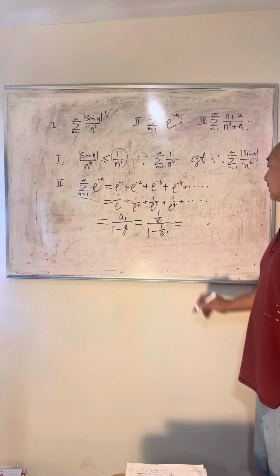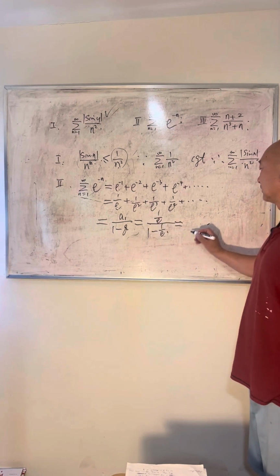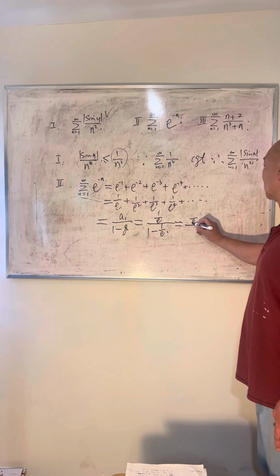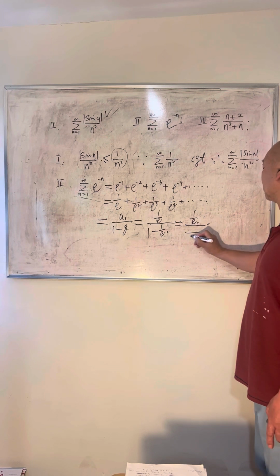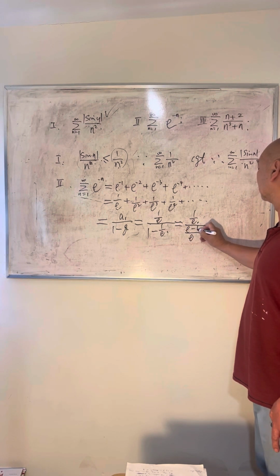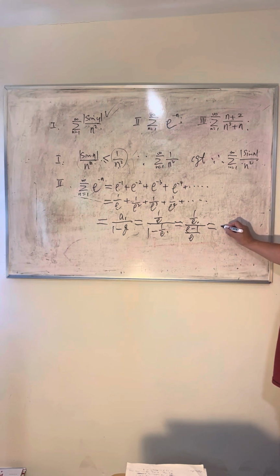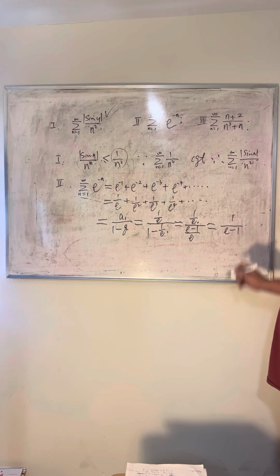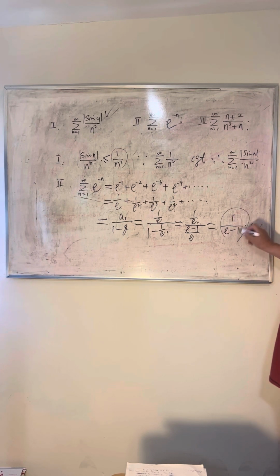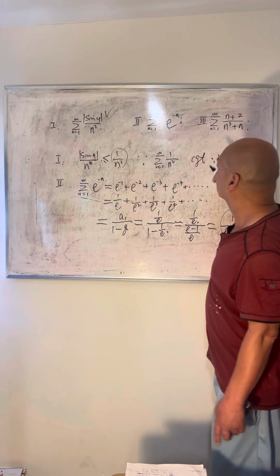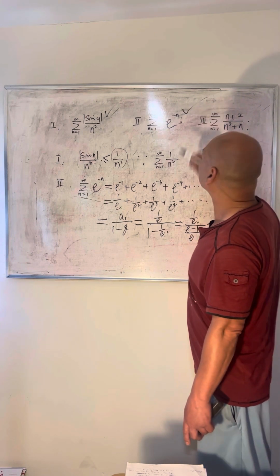Now we calculate this. Does it exist? It exists, so this is a constant. So this is convergent.